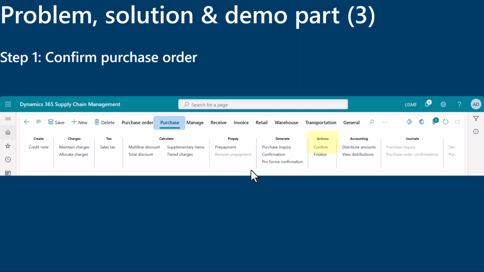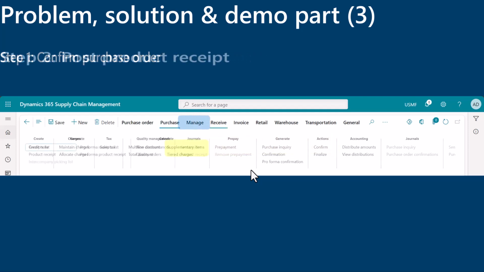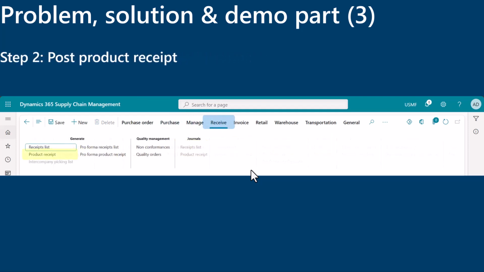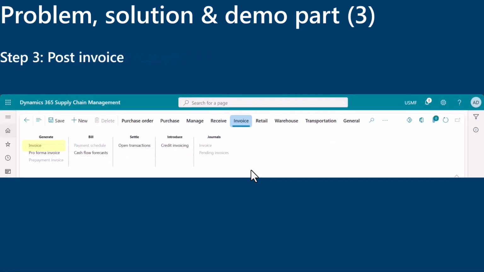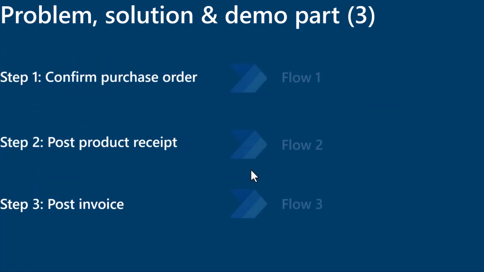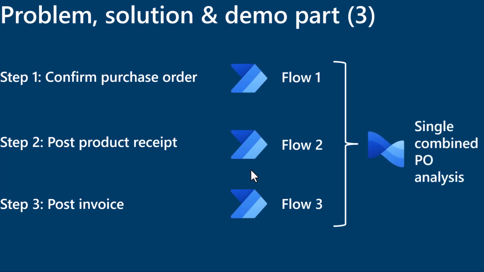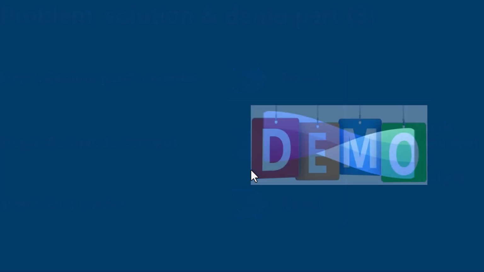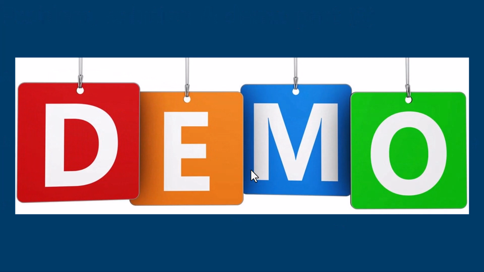I just confirm it, then I post the product receipt, and finally I post the invoice. Behind each step is a Power Automate flow that is triggered by a business event. My aim is, of course, to analyze these 3 Power Automate flows together. How that works will be part of my demo. So let's check it out.